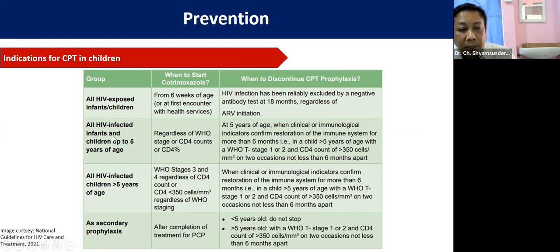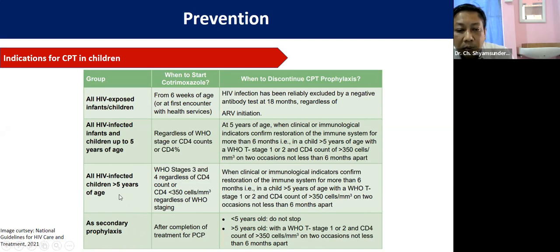Then for those HIV infected children up to 5 years of age, regardless of WHO stage or CD4 counts or CD4 percentage, at 5 years of age, when clinical or immunological indicators confirm restoration of the immune system for more than 6 months in a child more than 5 years of age with a WHO stage 1 or 2, CD4 count more than 350 cells per cubic mm on 2 occasions, not less than 6 months apart. This is up to 5 years of age. We plan to stop at 5 years of age when these conditions are fulfilled.